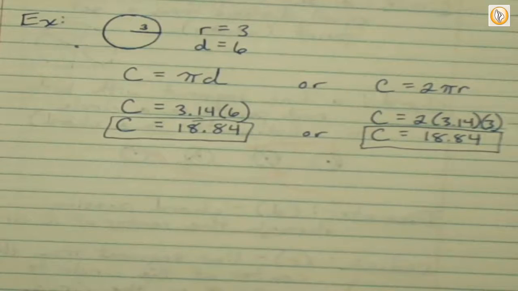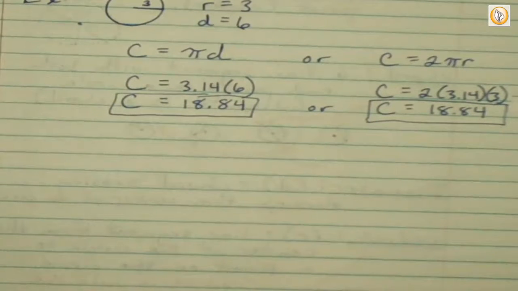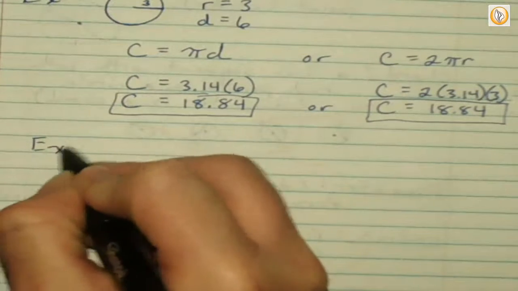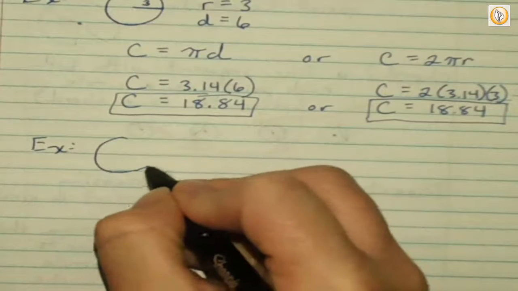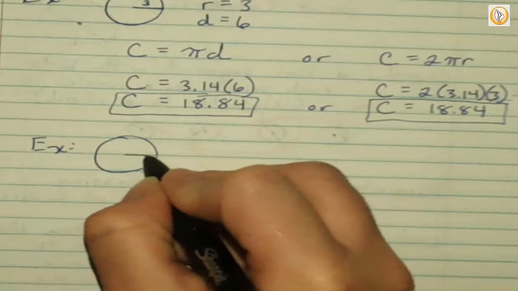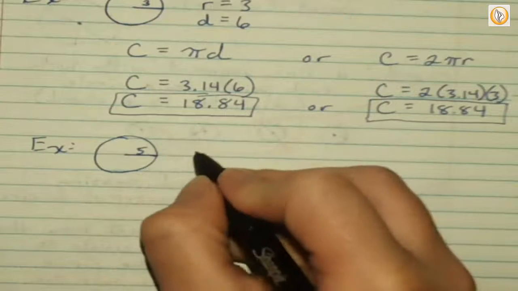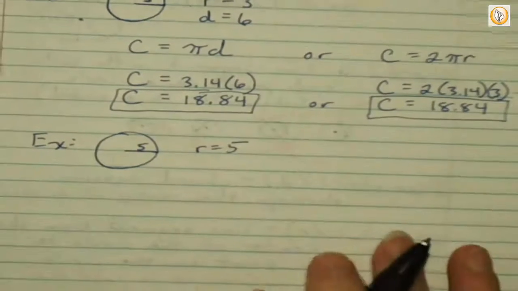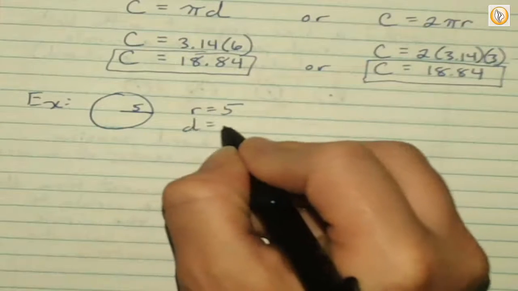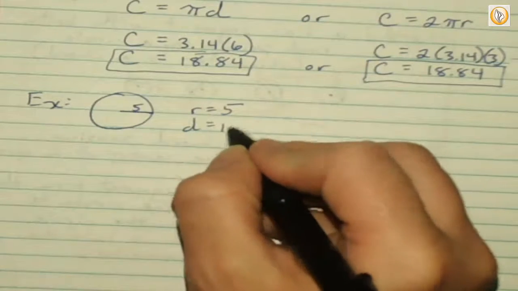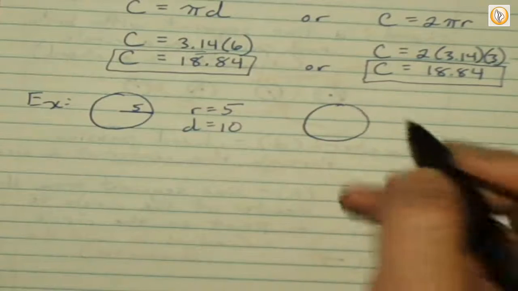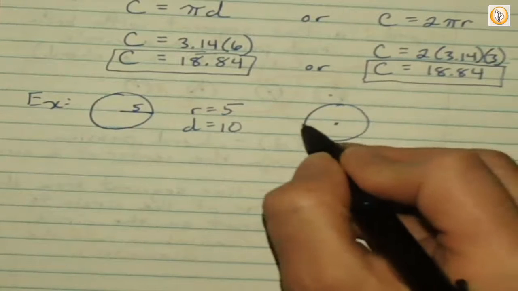Good question. All right, let's do another example. I'm not going to work anymore out because I think you got it. But just for the sake of making sure everyone has it, let's say I have a radius of 5. Michael, what would the diameter be? Very good. What if I have, here's the center.